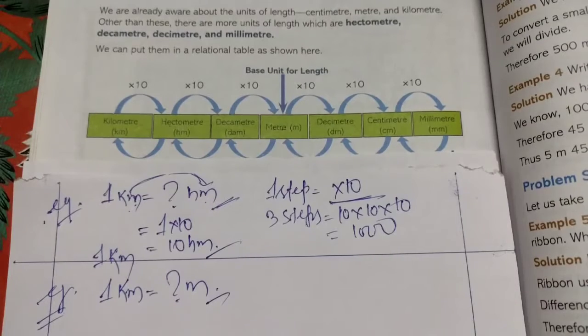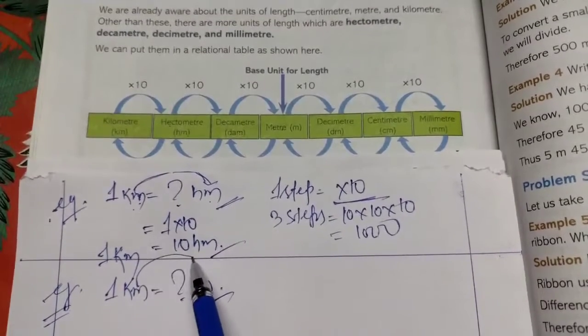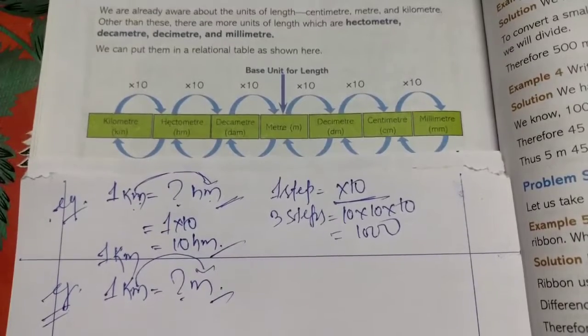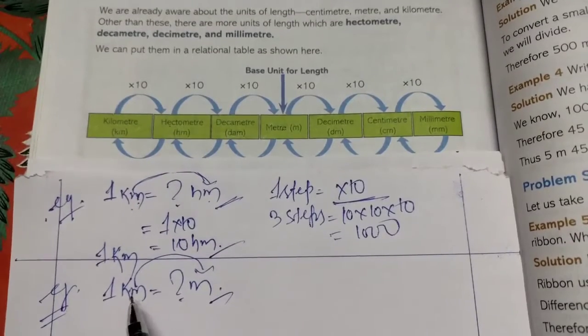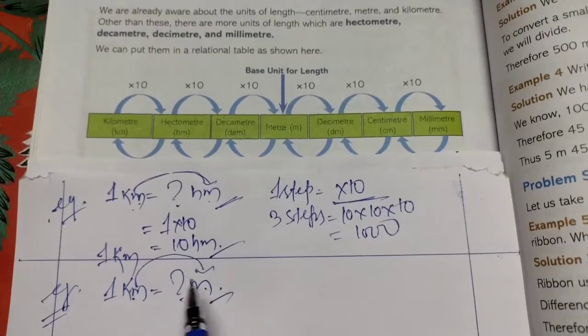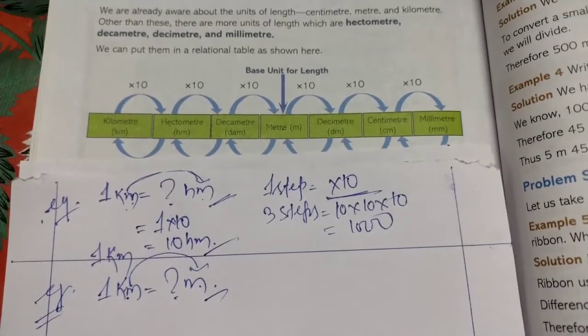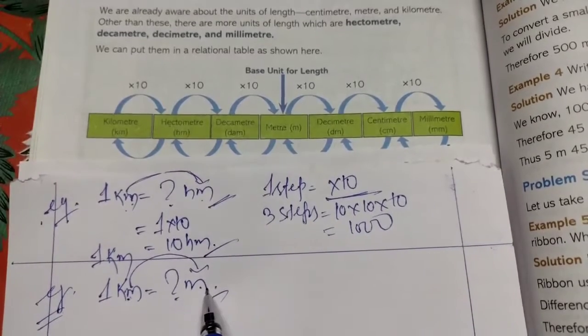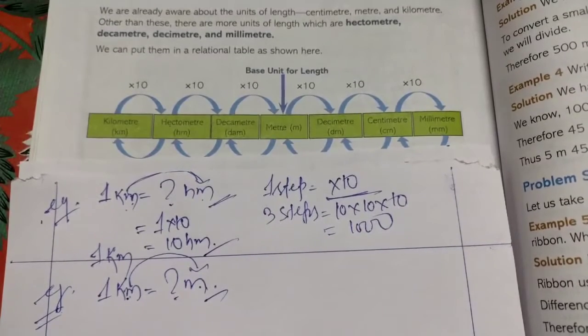So now let us try to find out the result. From kilometer to meter, in which order is it? Try to think in terms of order, ascending or descending. That will give you the clear-cut concept.